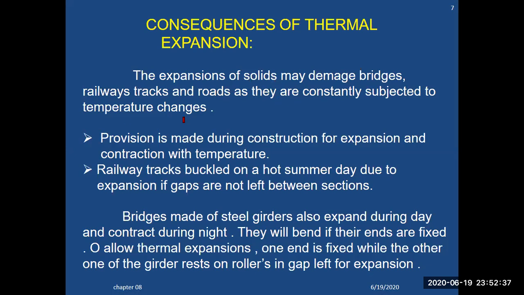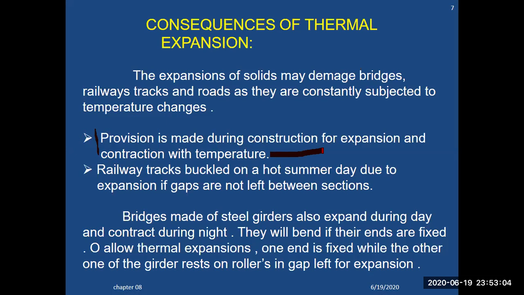They are constantly subjected to temperature changes. Railway tracks and other objects which are exposed outside face extreme weather conditions. Provision is made during construction for expansion and contraction with temperature. Special steps are taken in the construction of bridges, buildings, and heavy machinery, so thermal expansion is considered.